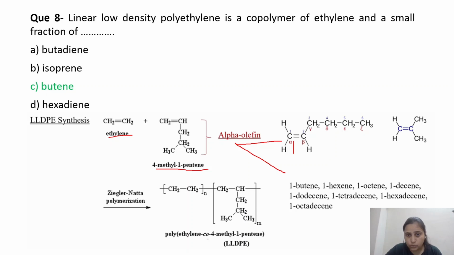From this category, there can be different monomeric units, like we can see here butene, hexene, octene, decene, etc. But out of these, only butene is given in the options. So we can say that butene is one of the monomers of the copolymer LLDPE.